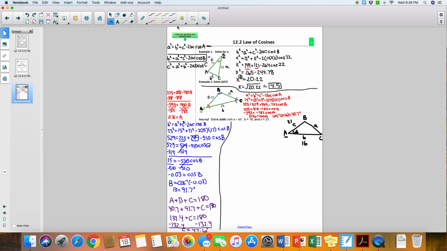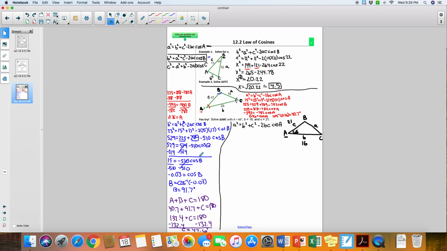Start over. So first is a squared equals b squared plus c squared minus 2bc cosine of A.